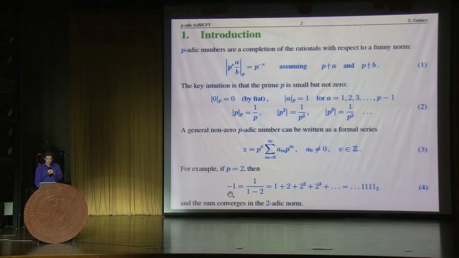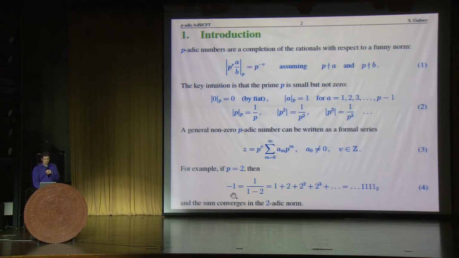First, we write minus 1 as 1 divided by 1 minus 2. That was trivial algebra. And then we expand this second expression as a geometric series, which is okay in the 2-adic numbers, because remember, 2 is small.